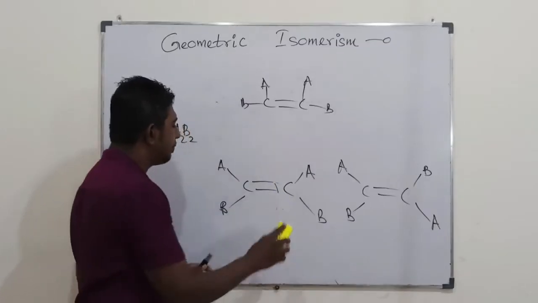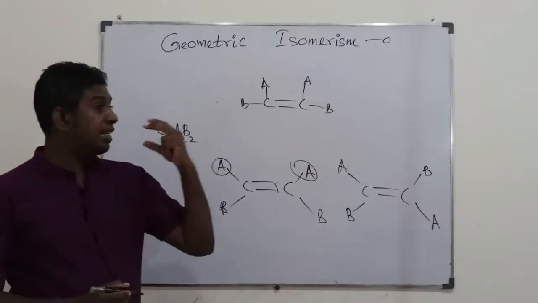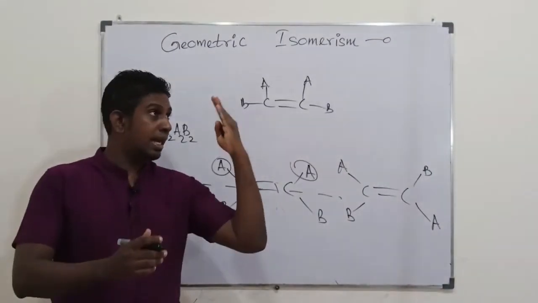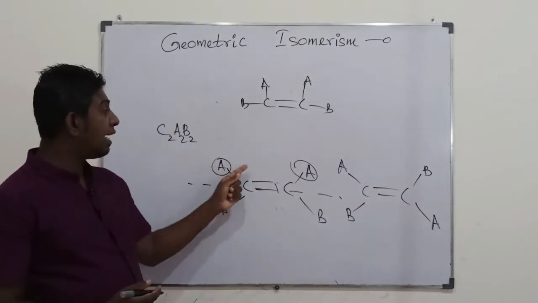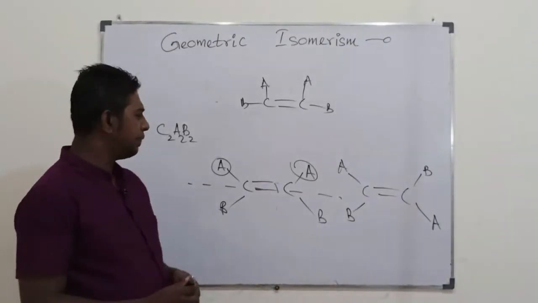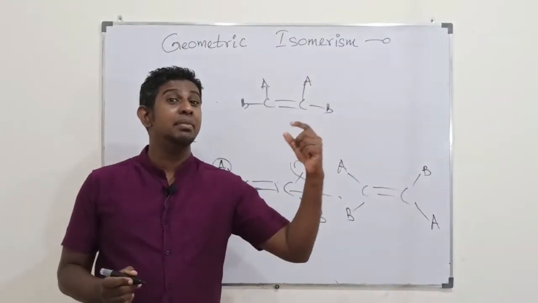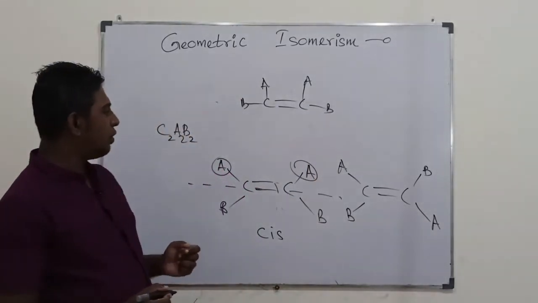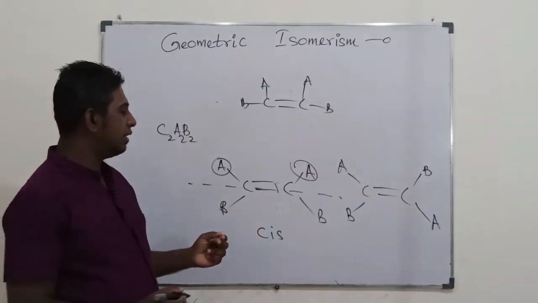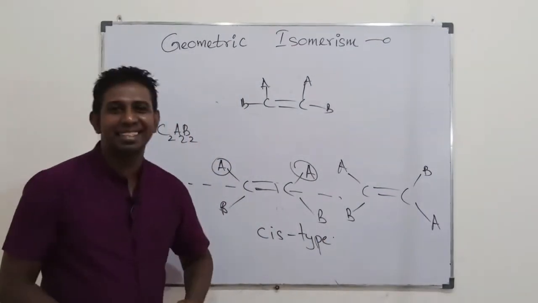If you find that two similar groups are facing each other, this is the bond axis, and at the same side of the bond axis they are facing each other, then we call them cis. It's Latin for 'at the same side'. Cis. We call these cis isomers, cis type.